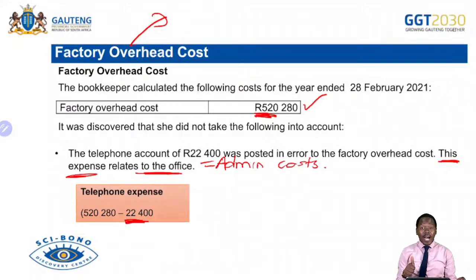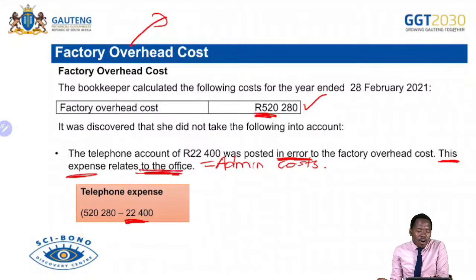The reason why it's going out, grade 12s, is because it was included in error and it does not belong to this cost. This is for office. So we take it out. Right. Now it means our telephone expense will now be less by the 22,400. Got that, grade 12s? Perfect.